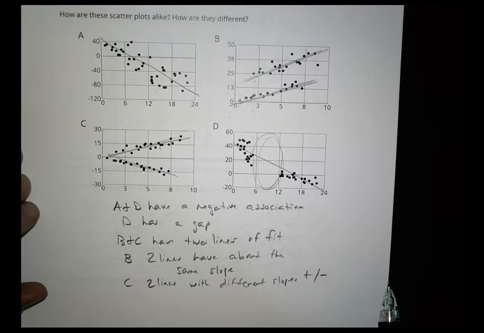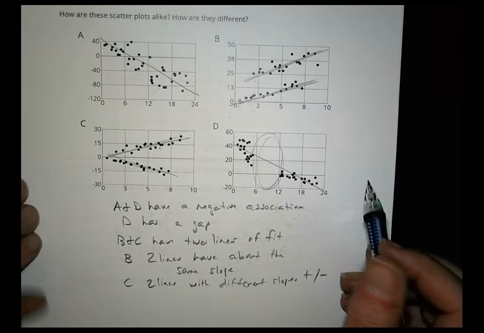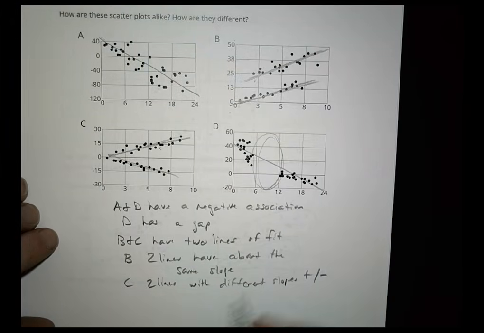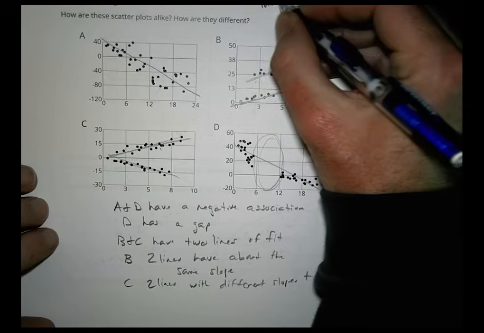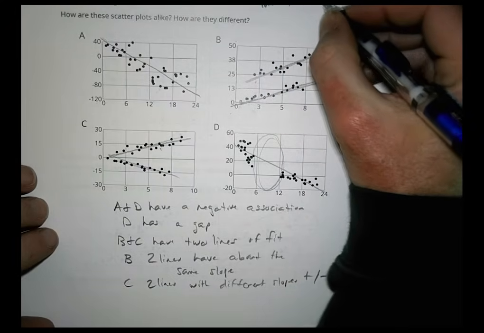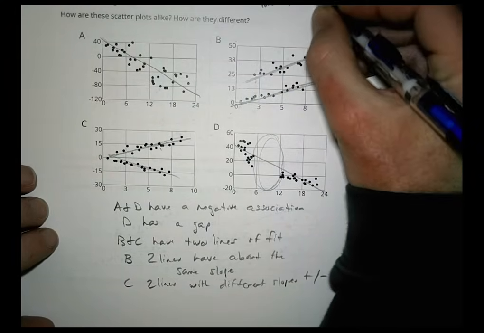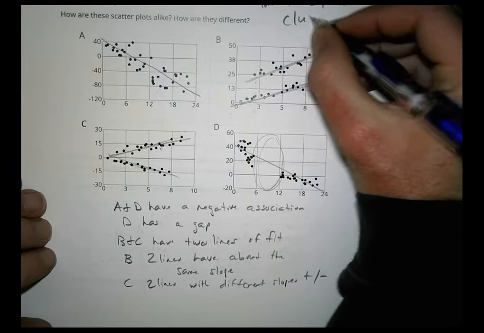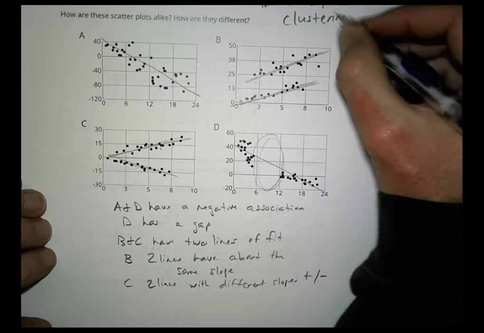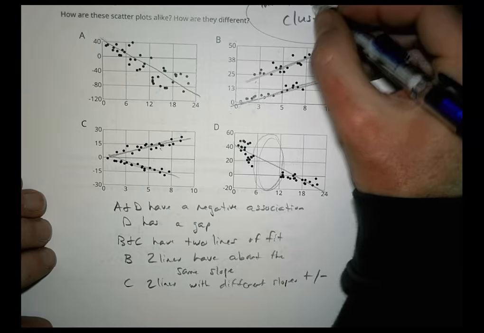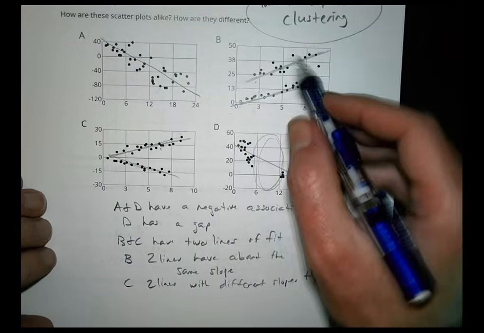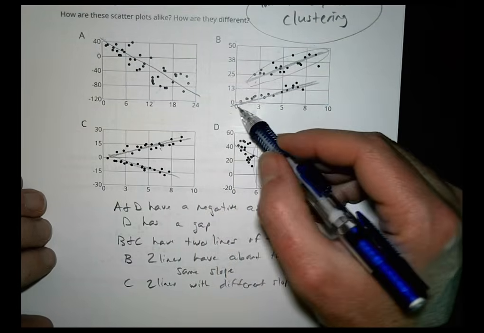Now, what we want you to notice here is that because of some of these weird differences here, when there's more than one pattern, we call that clustering. And so we can see here that in this case there's a pattern here and a pattern here.